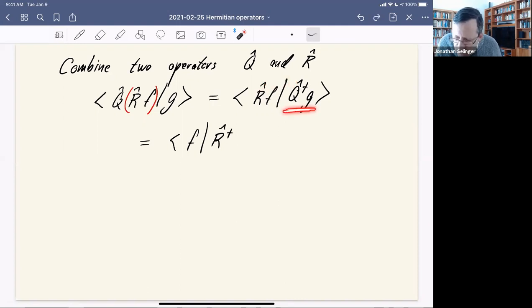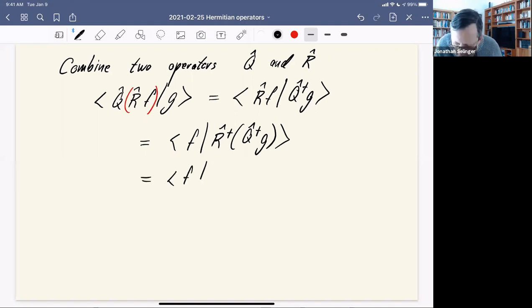What was already over there is Q dagger G. So R dagger is acting on Q dagger G, like this. And now we don't really need the parentheses on the right side. So that's F inner product with R dagger Q dagger G.